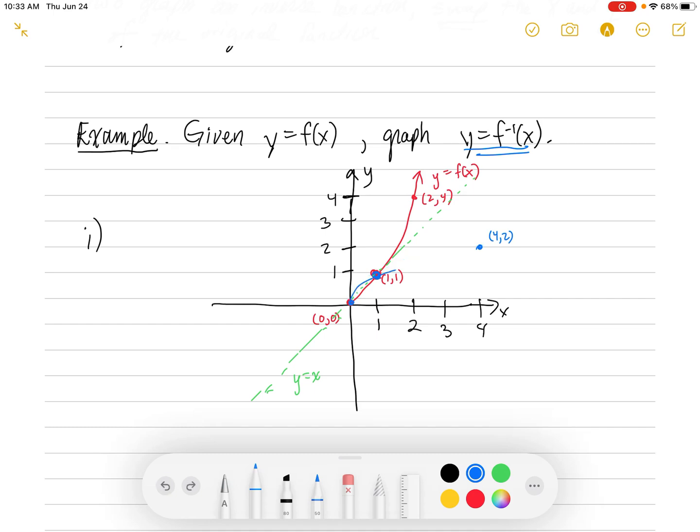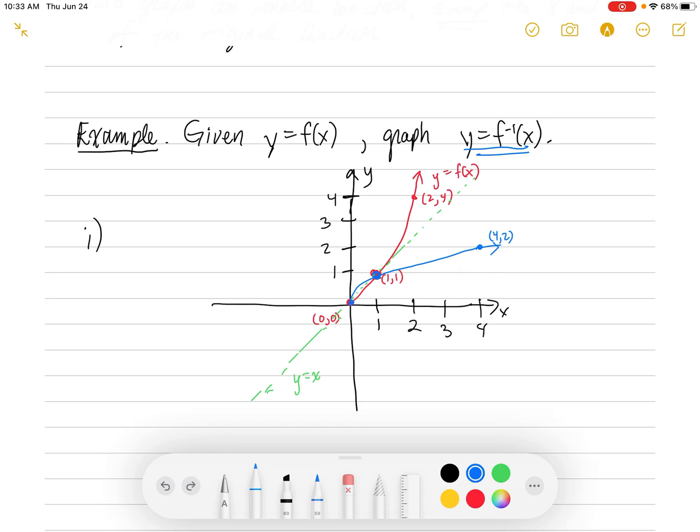So a mirror image would look something like this, you have to have your blue points connect. It's not great, is it? Let's try this again. This would be y equals f inverse of x.